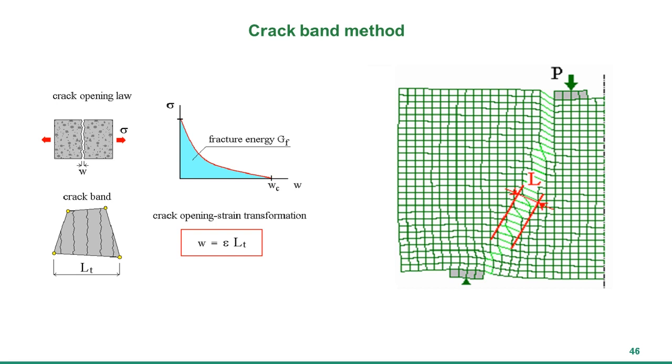I told you that in terms of brittle materials, like concrete in tension, we have crack occurrence, and when a crack occurs, it doesn't mean that the stress immediately drops to zero, but it is known that there is some kind of softening relationship, and the energy dissipated under this crack opening law is called fracture energy.